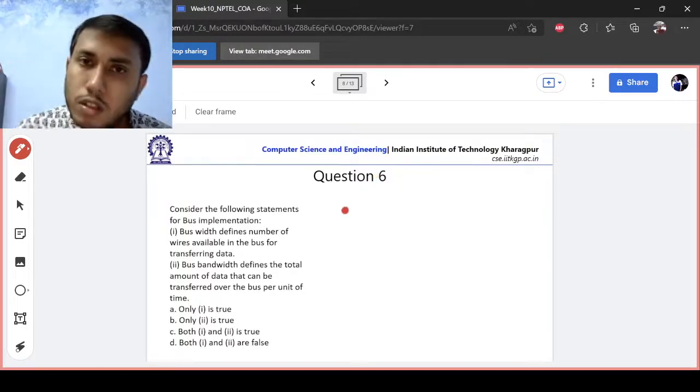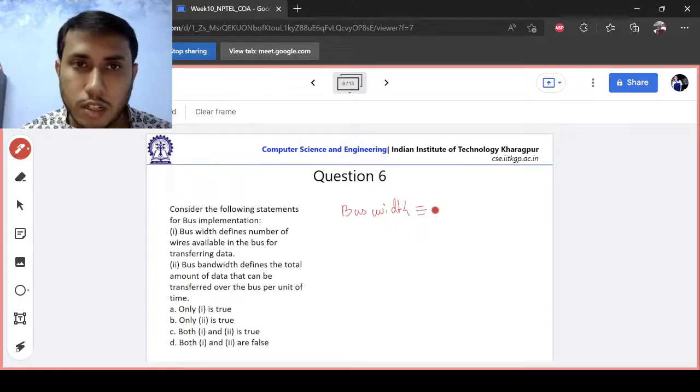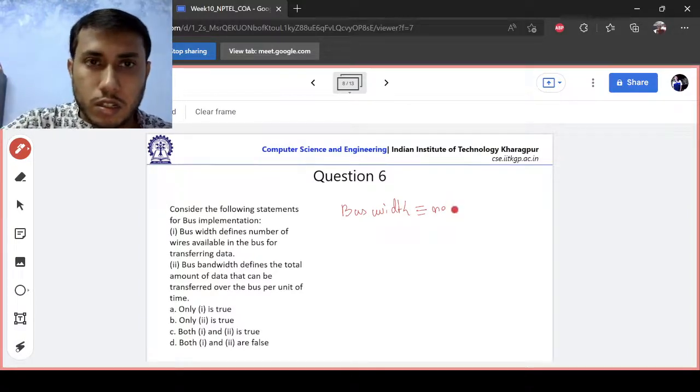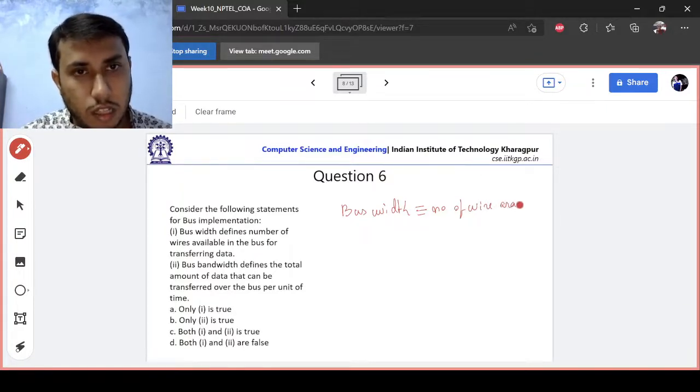So bus width is equivalent to the number of wires available. Number 1.